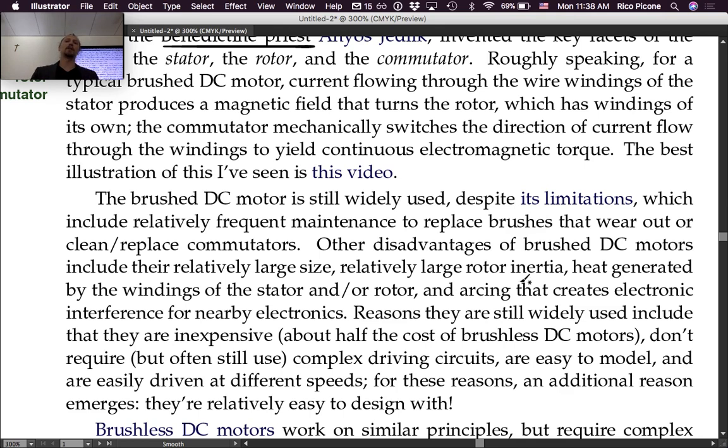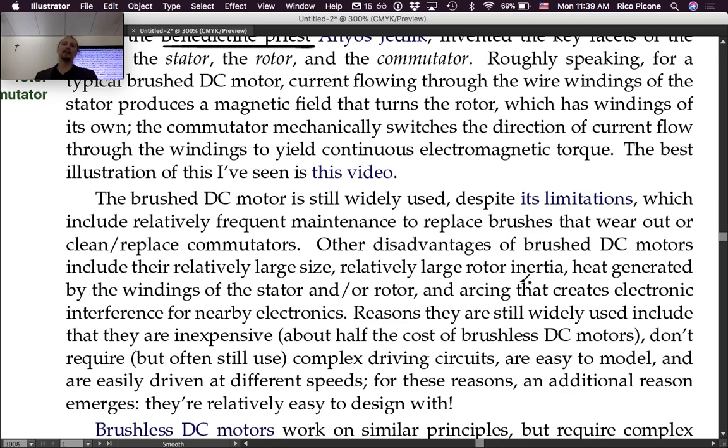Like the relatively large rotor inertia, you can't get away from that with a DC motor. You're going to have a relatively large rotor inertia. Those coils that are rotating around in the field, they're going to have some inertial effect too, right? You can't have that stuff rotating around without having it be some sort of mass that's rotating. So that can be a problem.